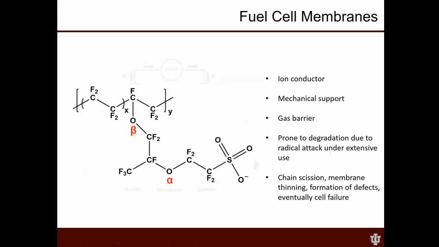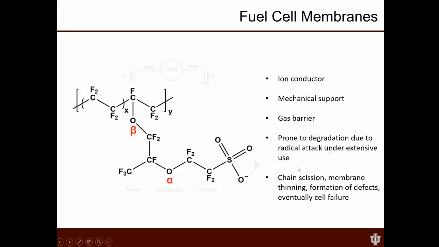A typical fuel cell membrane would be made of something like naphthalene, and the chemical structure for naphthalene is shown here, where chemical selectivity is imparted through these sulfonic acid head groups. All right, so naphthalene is a good mechanical barrier, and it shows high proton transport.